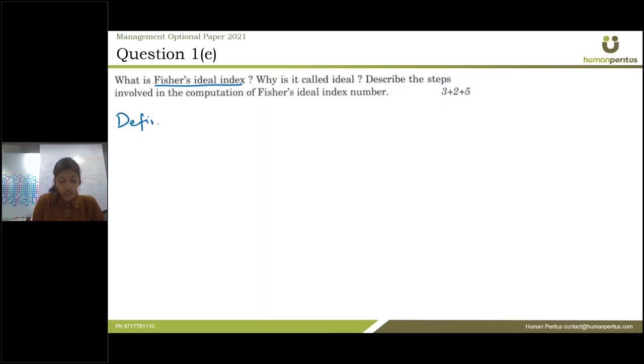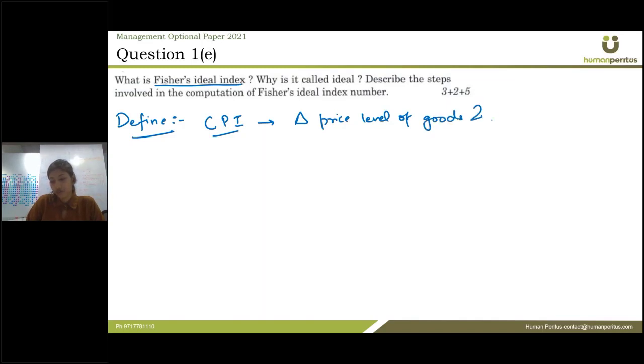Fisher's ideal index is a consumer price index that is used to measure change in the price level of goods and services over a time period. Index is very important because of the time period difference only.